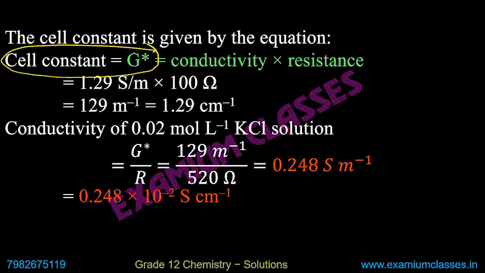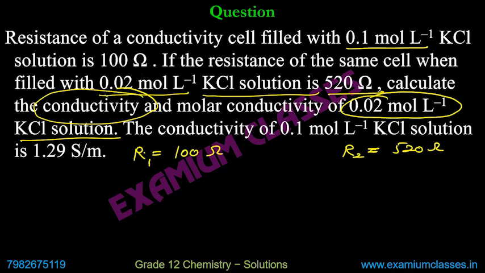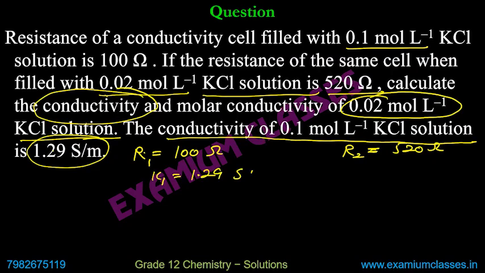So cell constant we will calculate first with the given amounts. So the given amounts, if you see here, conductivity of 0.1 mole per liter KCl solution is given here. So kappa 1 is given, 1.29 Siemens per meter.